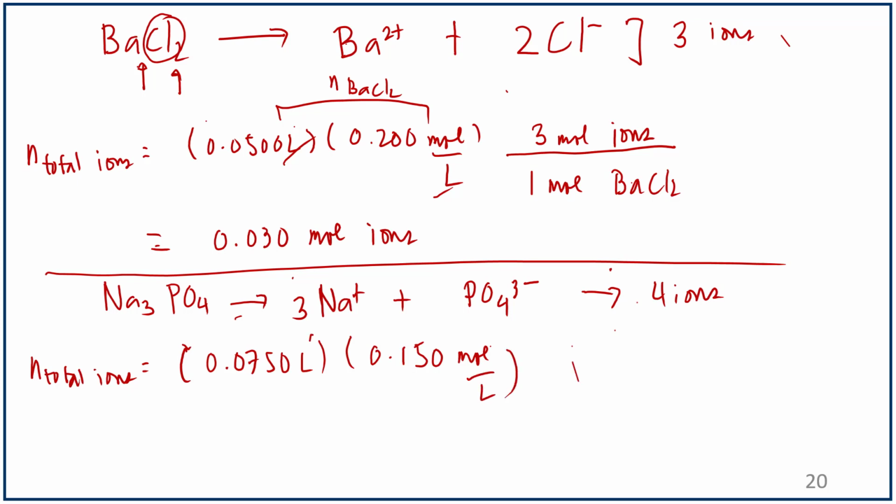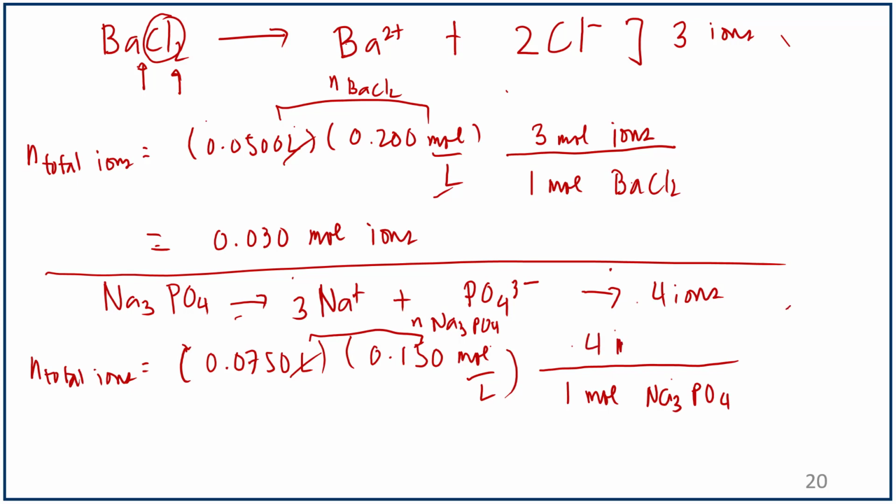Again, this is moles of sodium phosphate. And then the stoichiometric factor, or dimensional analysis factor, is for every 1 mole of sodium phosphate, you have a total of 4 ions.